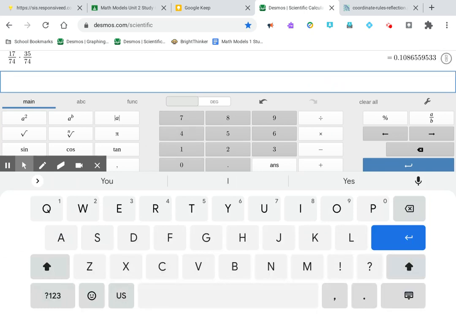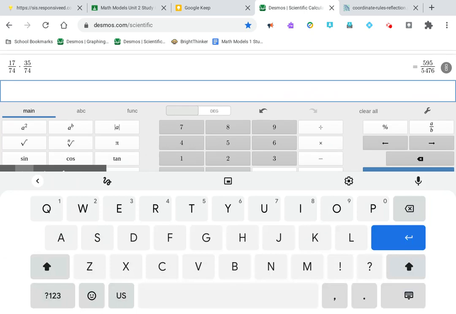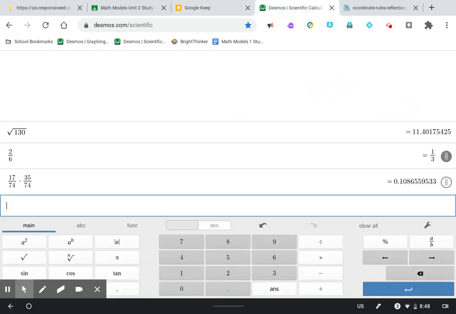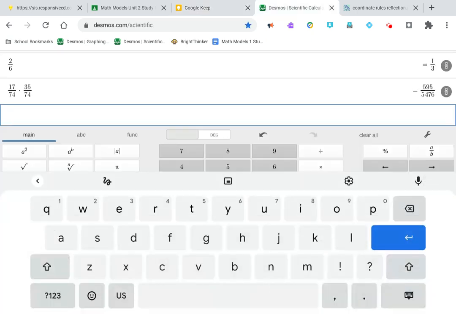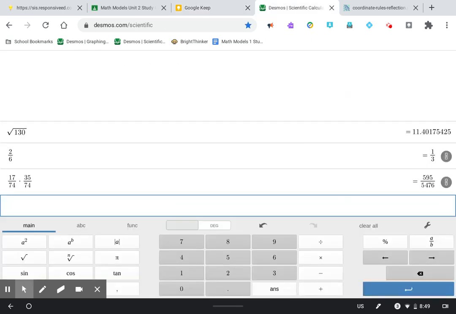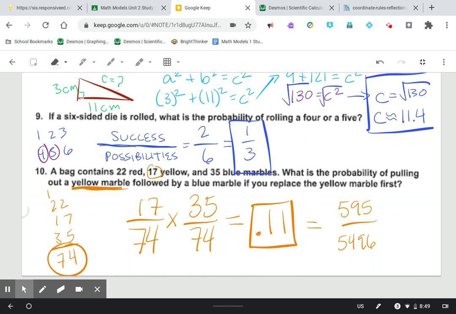Multiply those two fractions, and if I change it to a fraction, I get this really crazy fraction, or I have a decimal answer of 0.108, or rounded, it would be 0.11. And again, the fraction was something pretty wild, 595 over 5476, so we'll just leave that out, but I'm pretty sure on the test you're going to be looking for answers in decimal form. So just so you're aware, this is what we're going to be looking for here.